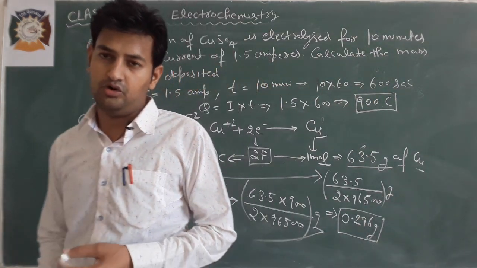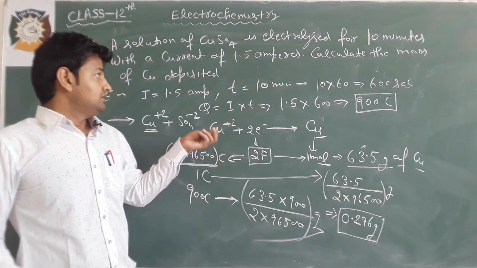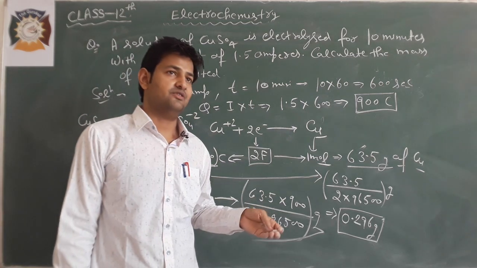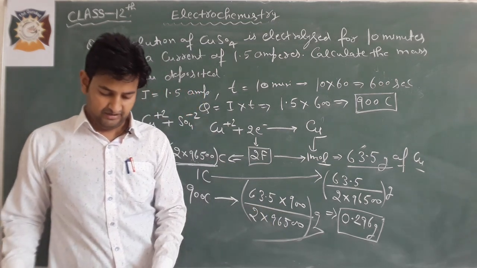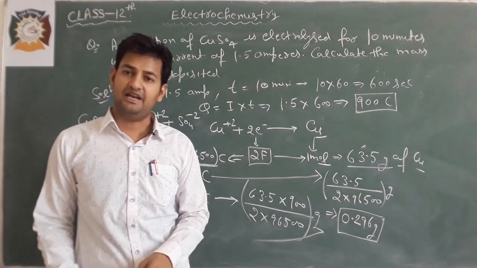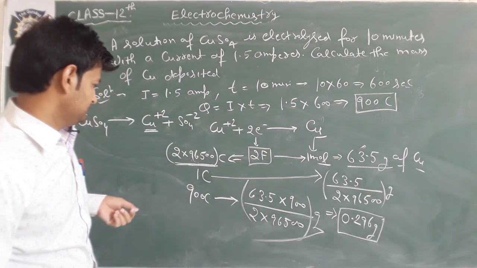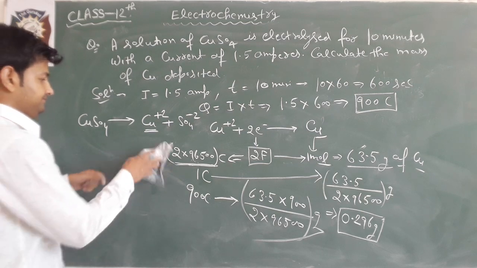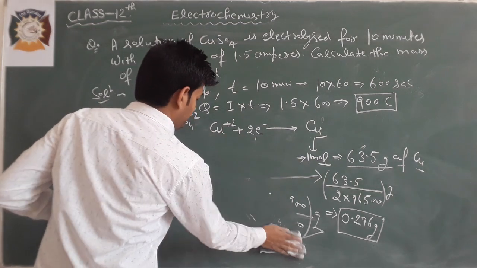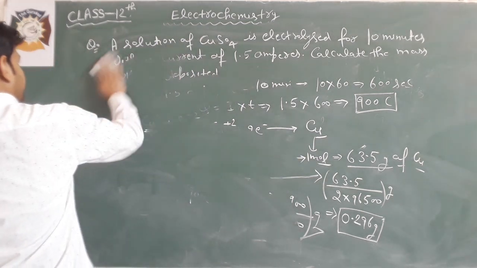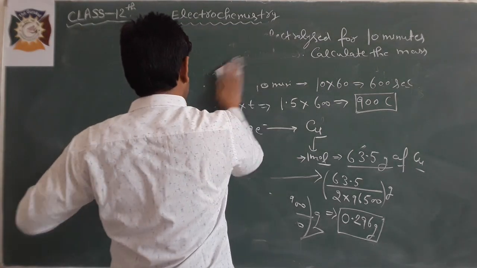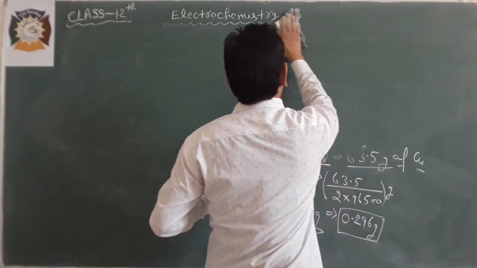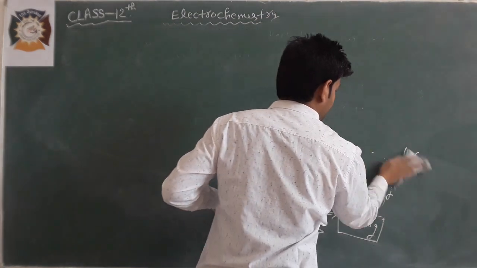Calculate the mass of any electrode deposited on the electrode. So according to Faraday, 2 laws of electrolysis are given. According to the first law, the mass deposited on any electrode is proportional to the amount of charge passed.